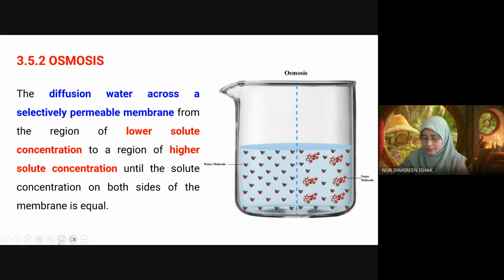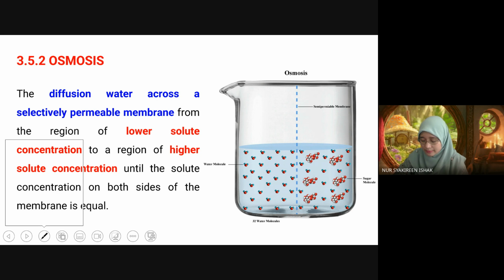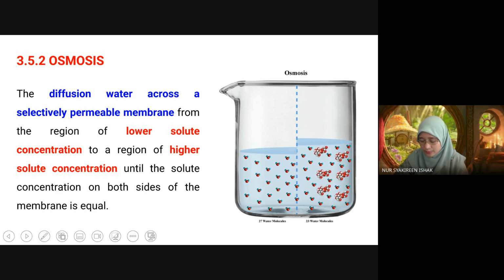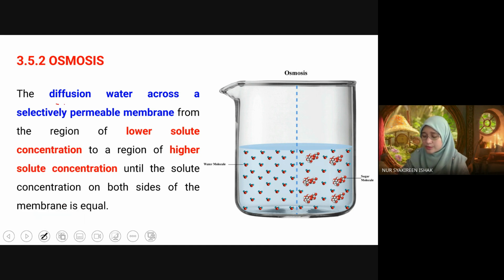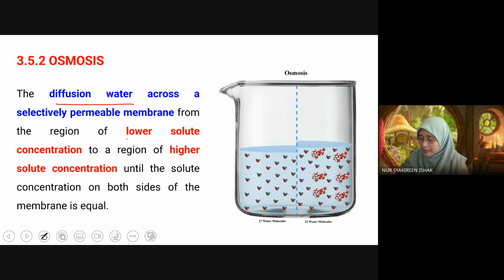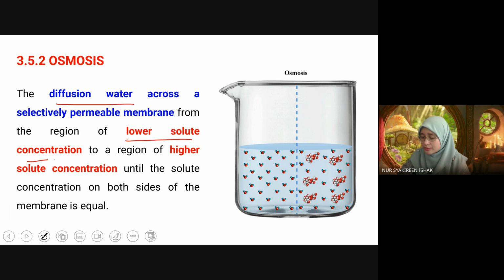If you look at this diagram here, the one you have to take note of is the diffusion of water across a selectively permeable membrane, from a region of lower solute concentration to a region of higher solute concentration.